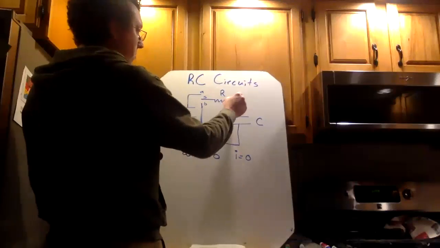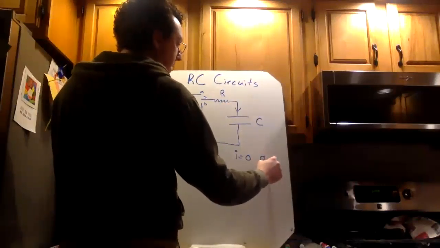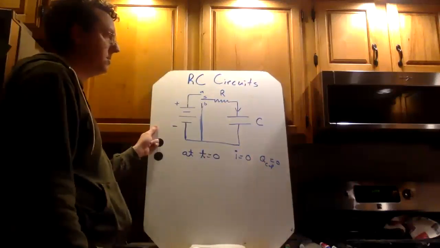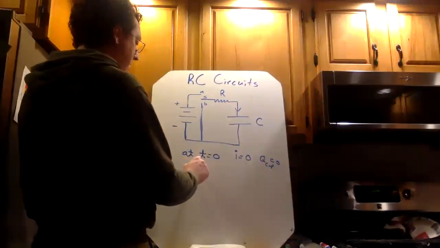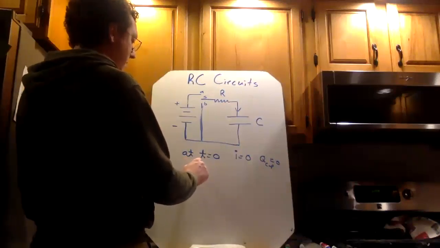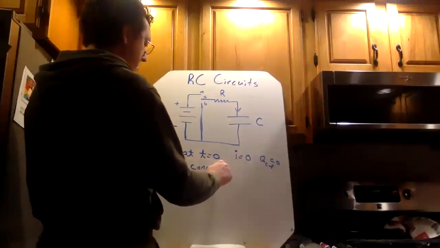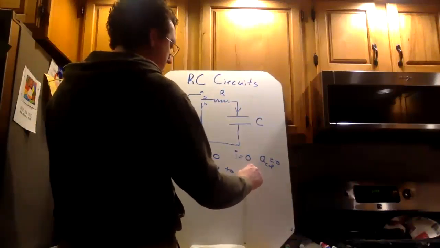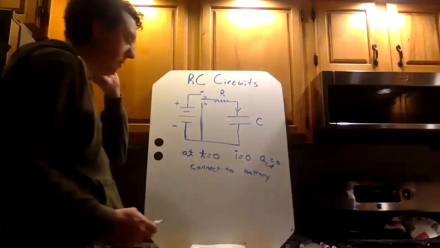That's the current through the resistor. And also, the charge on the capacitor would be 0 because it starts out neutral. And we close this, we connect to the battery.